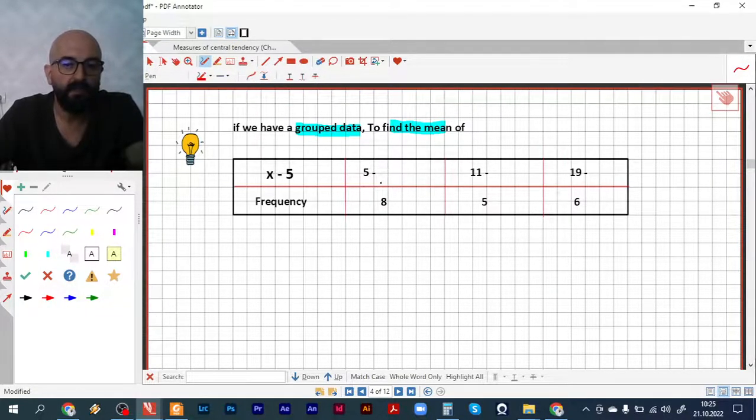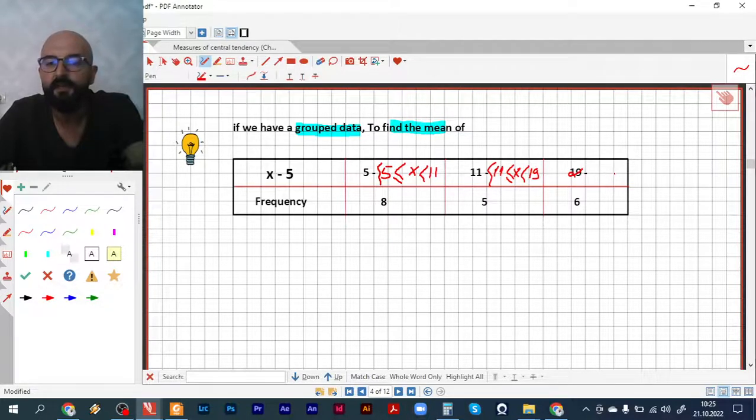So this means x greater than or equal to 5, less than 12. This means x greater than or equal to 12, less than 19.